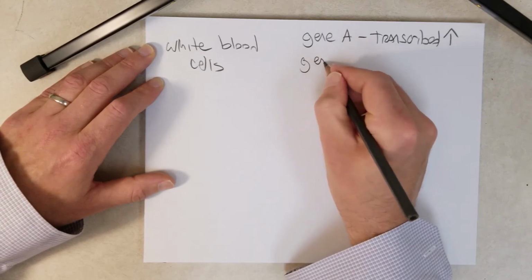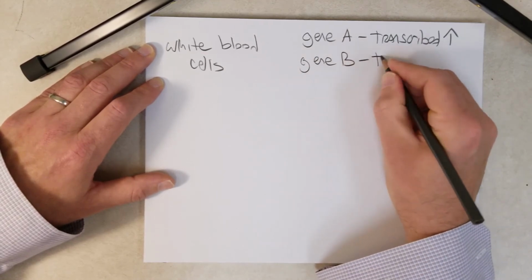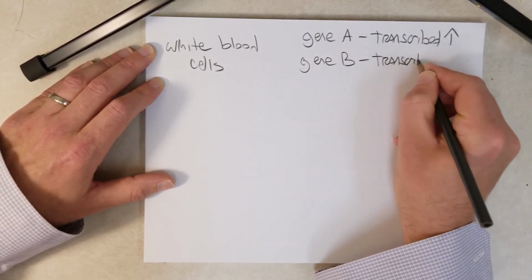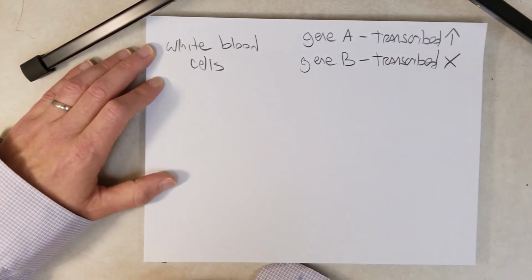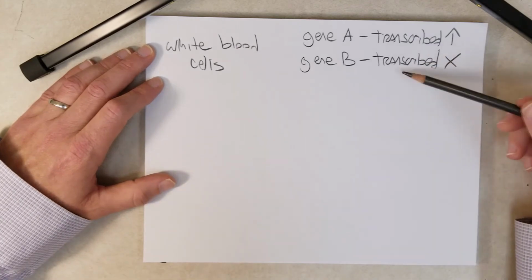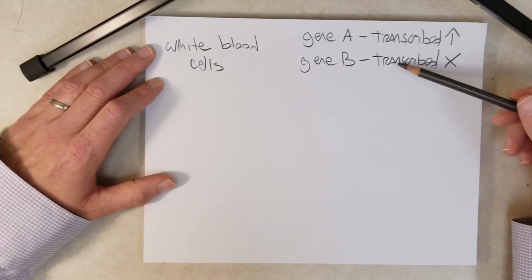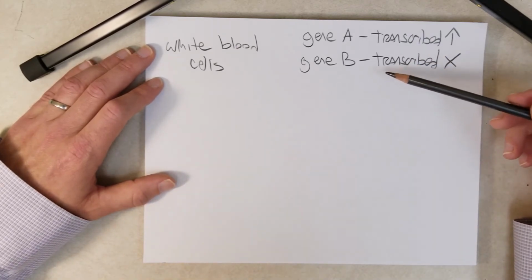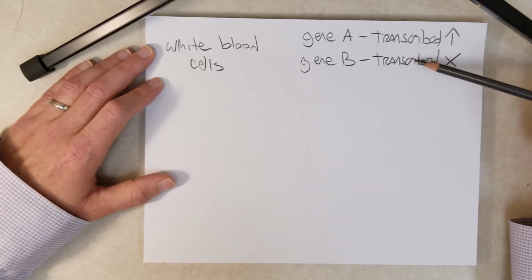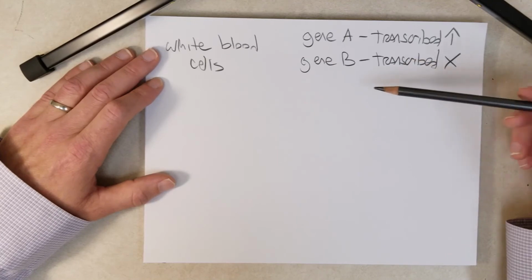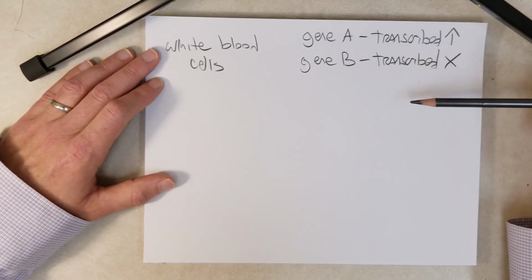And we have gene B, which is not transcribed at all. I was going to say low levels, but say it's not transcribed at all. And we don't know why this isn't transcribed. We look at the DNA sequence and it has a nice promoter that we think should be active, and we don't know why this gene isn't transcribed in white blood cells.